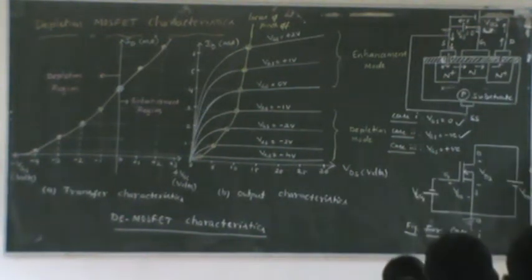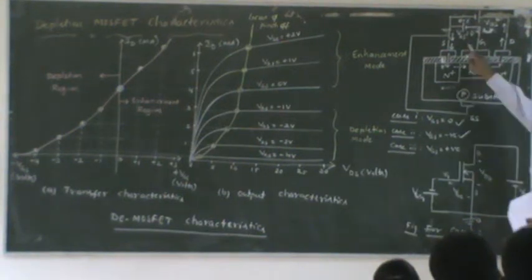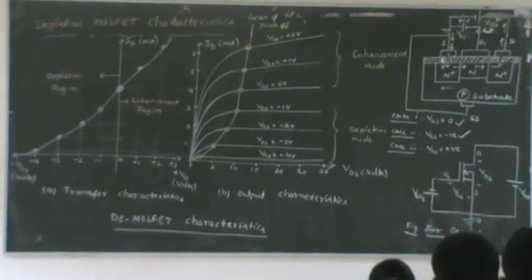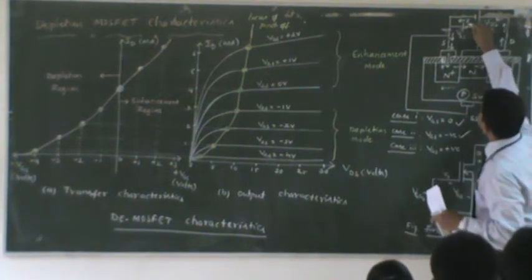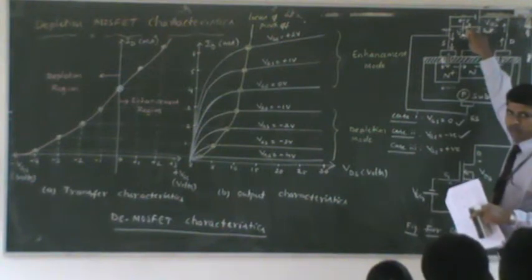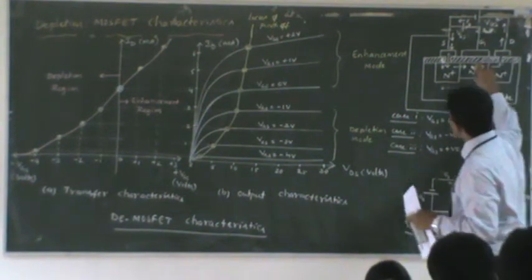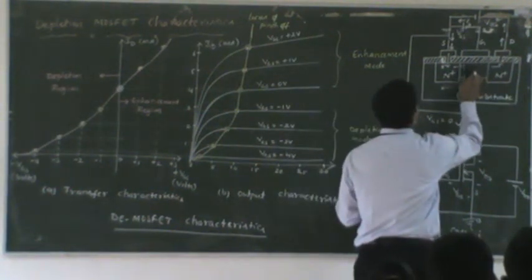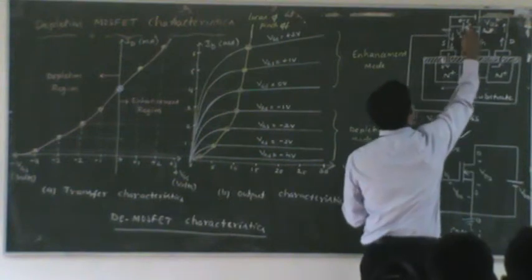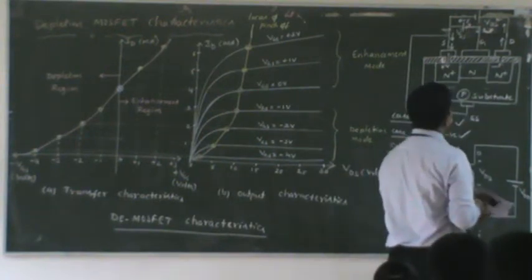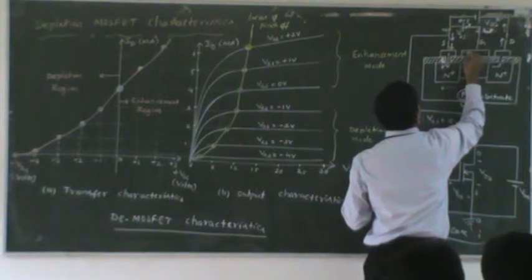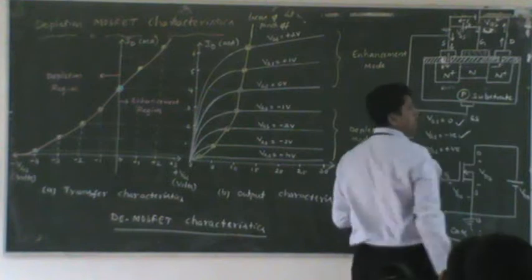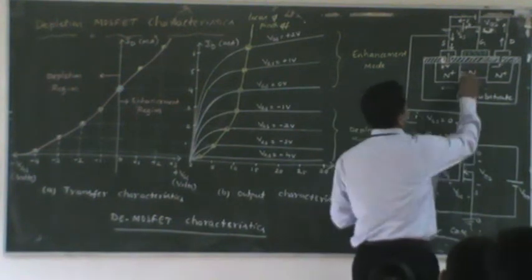I am not changing VDS. VDS is kept as it is. But the only thing is we change the VGS. VGS is not 0 now. It is negative. Now we can vary this voltage also and see what happens when you go more negative. When you go more negative here, what type of charge particles are residing below the channel region? You can see here, you are applying negative. You are supplying the upper plate with negative type of charges, and below the silicon dioxide, what type of charge can accumulate?